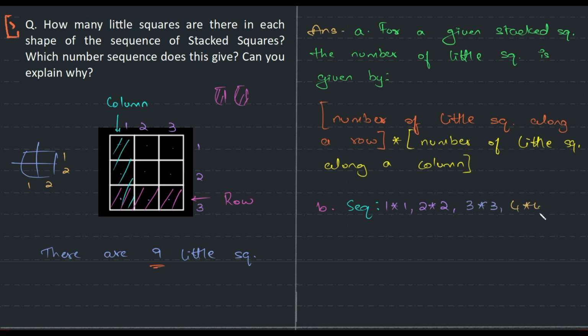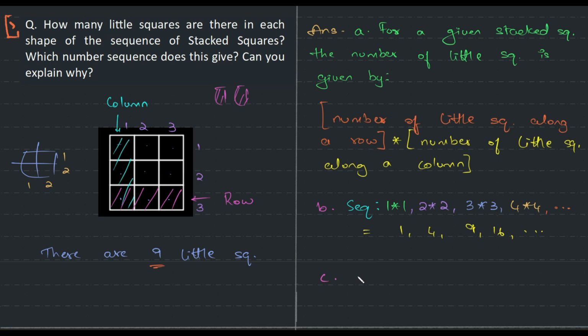The next one will be 4 into 4. I'll change the color over here. So on and so forth. So basically, it's 1, 4, 9, 16, so on and so forth. Now, which number sequence did we answer? Next, part 3 is, can you explain why?